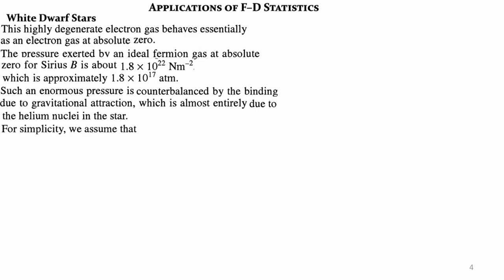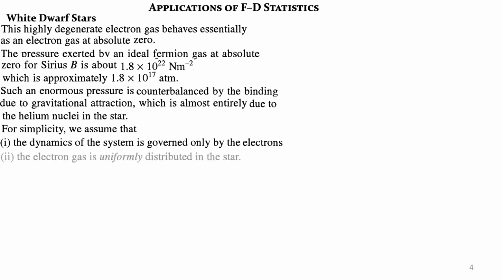Now, let us try to make our life somewhat simple and make some assumptions. The first assumption is that the dynamics of our system is governed mainly by electrons. Means in a white dwarf star, it's the electrons which are the main constituents that actually decide the properties of our system. Why so?